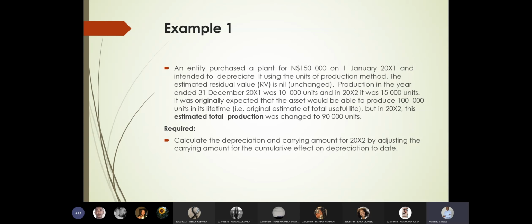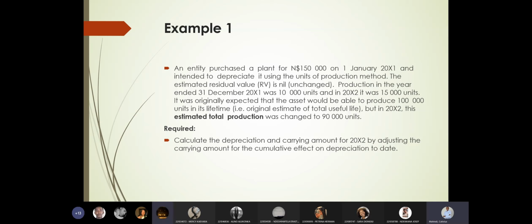It was originally expected that the asset would be able to produce 100,000 units in its lifetime. That was the original estimate of the total useful life. But in 20x2, this estimated total production was changed to 90,000. Calculate the depreciation and carrying amount for 20x2.